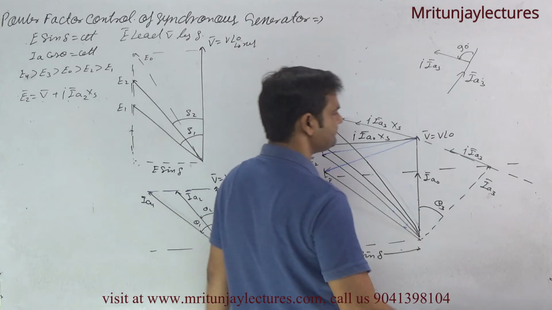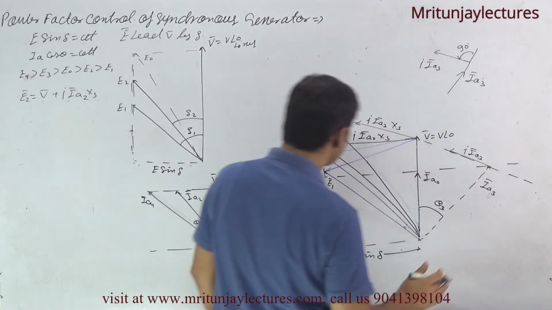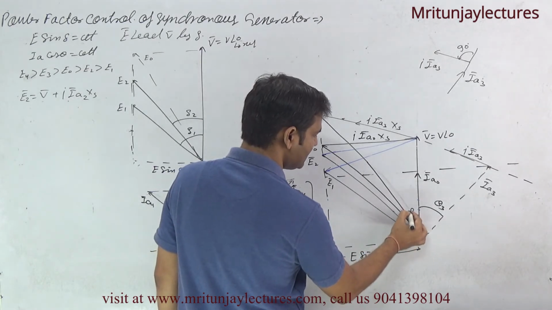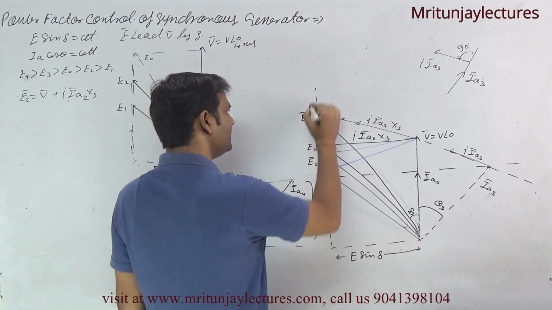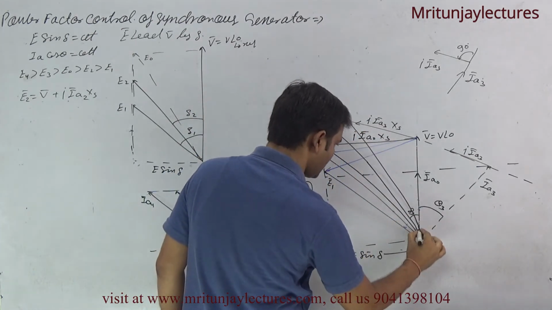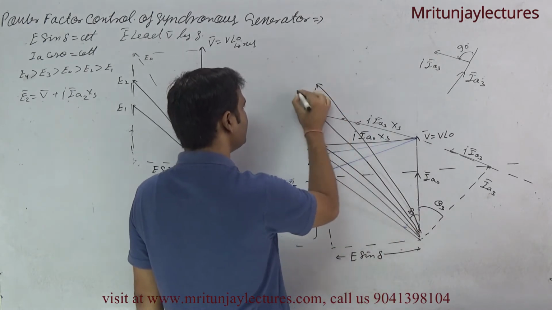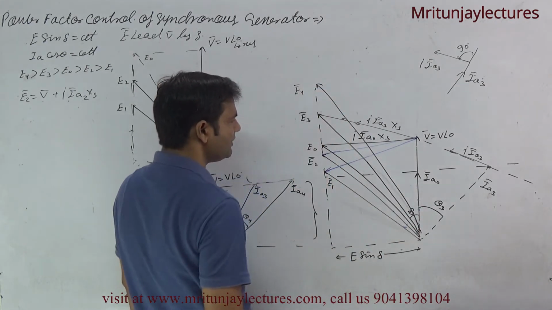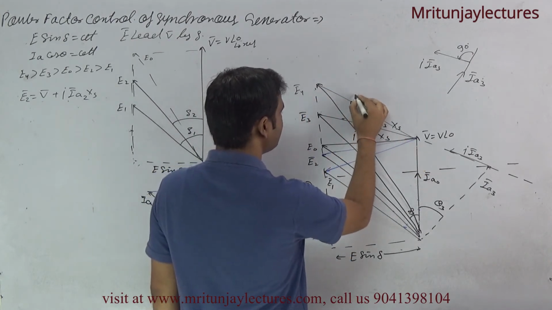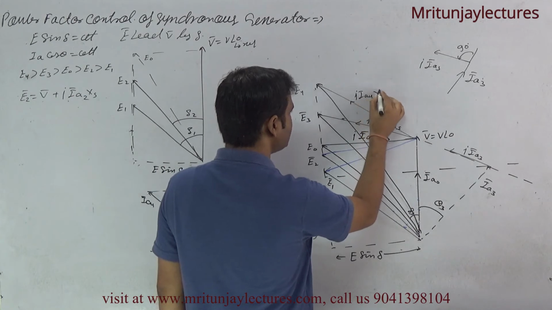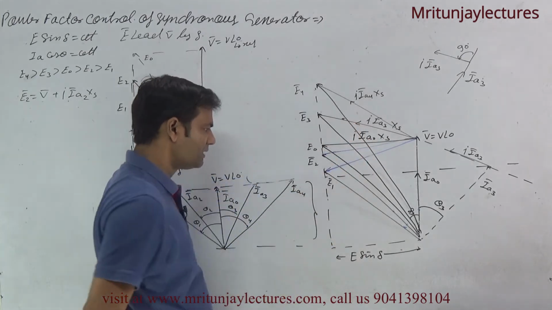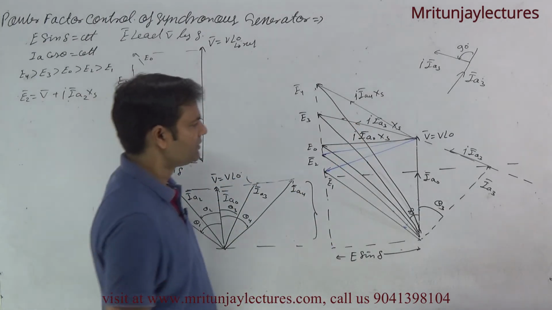Now another way, if excitation voltage further increases, this one is delta 3, further increases, suppose that is E4, then this one represents JIA4 plus the other drop. Okay, this voltage drop plus this voltage drop equals E4.